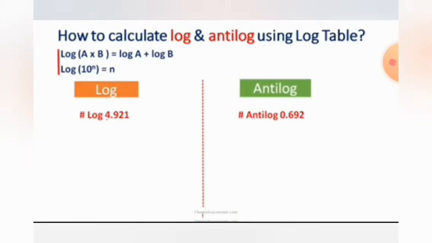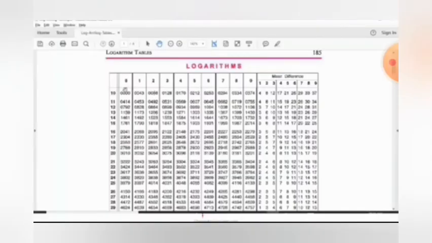Open the logarithm table in your logbook, and there the values are given in such a way that 10, 11, 12, 13, 14, 15, etc. Here we take 49 into 2.